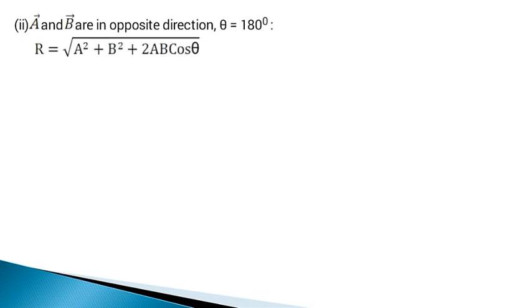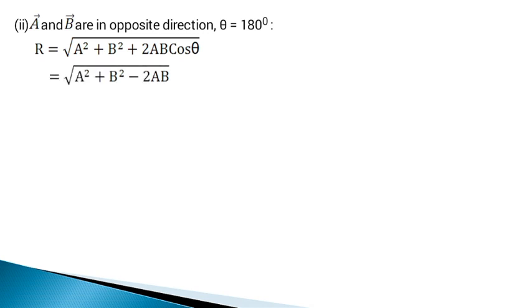Now what if the two vectors are acting in opposite direction? If the two vectors are acting in opposite directions, the angle between them is 180 degree. Then substituting theta equals 180 degree in the equation, R equals root over A square plus B square plus 2AB cos theta, we have cos 180 equals minus 1.